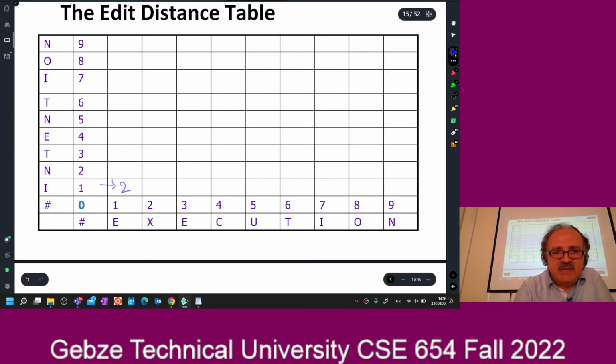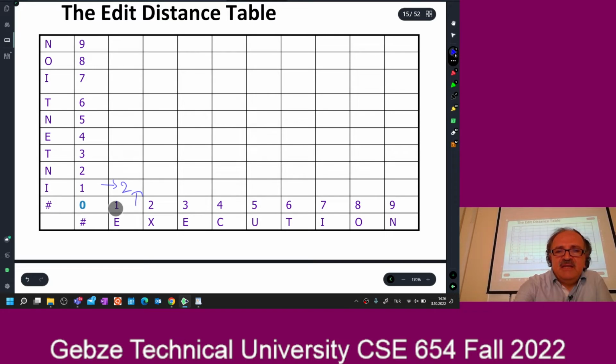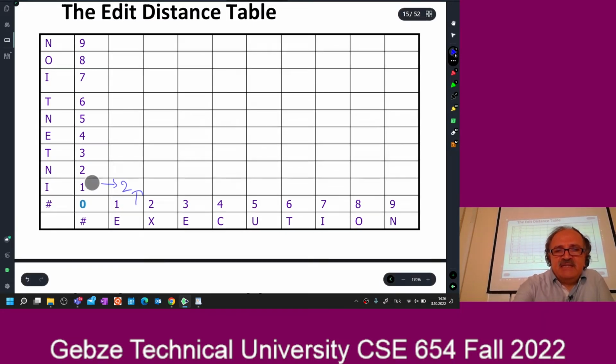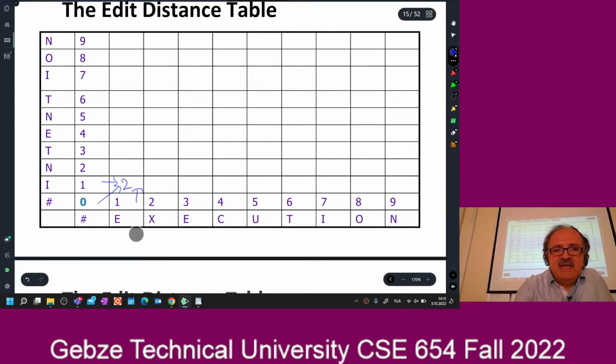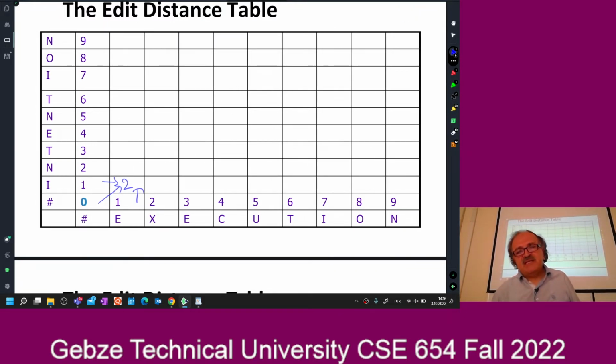Or I can do the same thing here. 1 means I made an E out of a null string, then I am deleting this I, it is 2. Or I can directly come from here, directly replacing I with an E. All 3 paths are possible and they are the same cost.